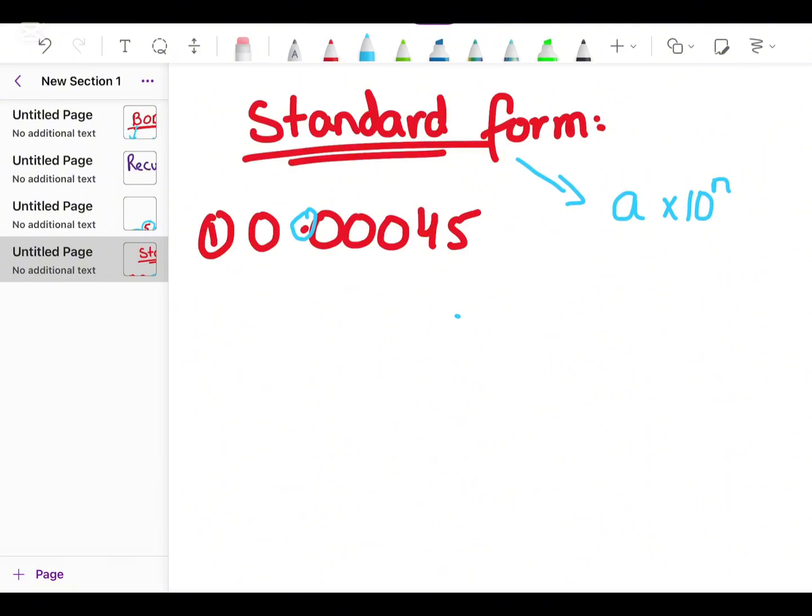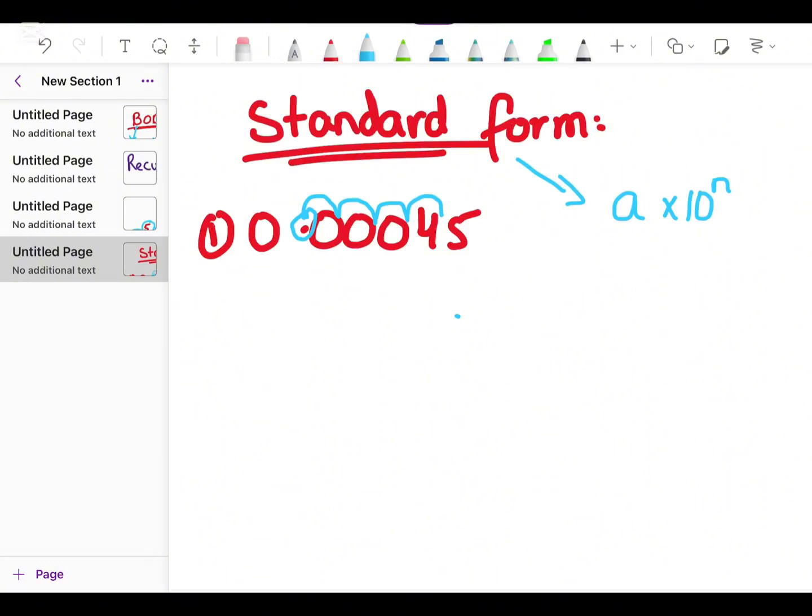But you can see that in this question the decimal point is also after one digit, but the important thing is that the number should not be equal to 0. I am repeating again, the decimal point must be after one digit, but that number should not be equal to 0. To convert any number into standard form, rule number one is this. So I have to move this decimal point after 4. How many steps will it take? 1, 2, 3 and 4.